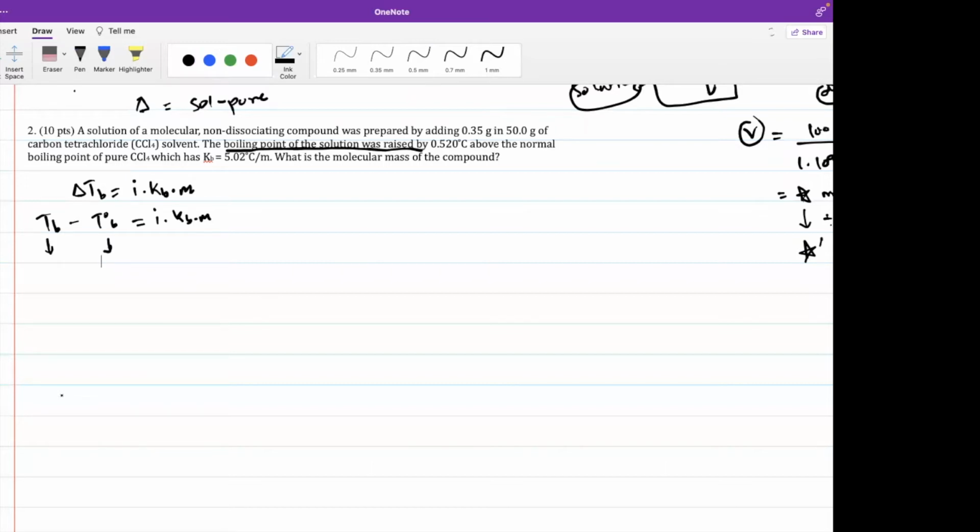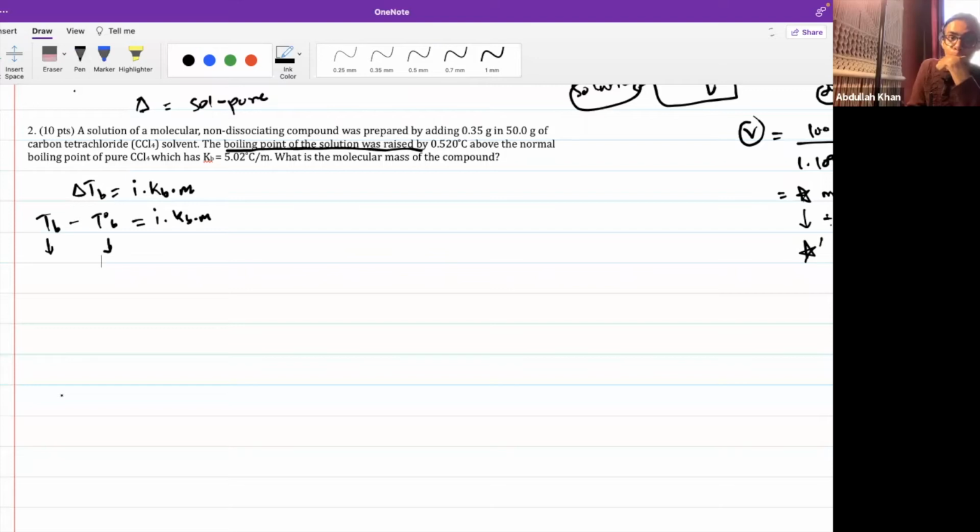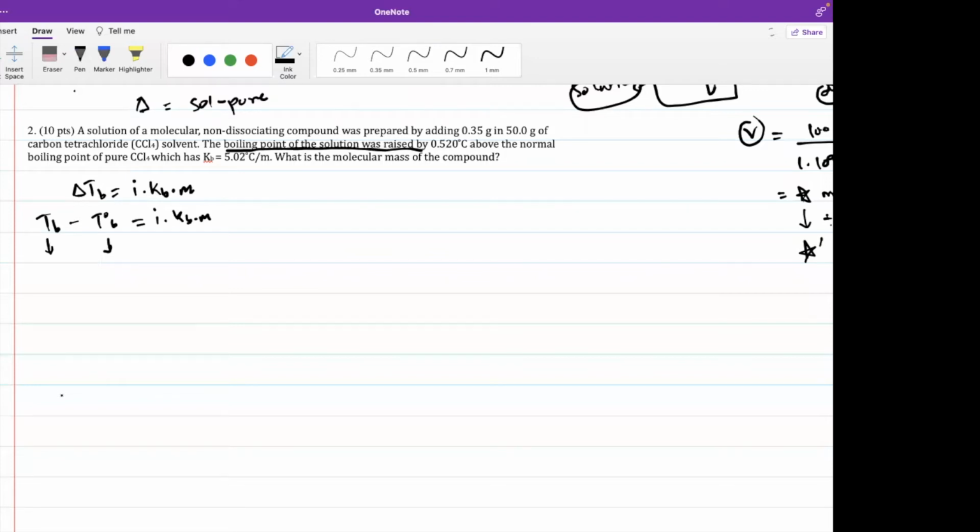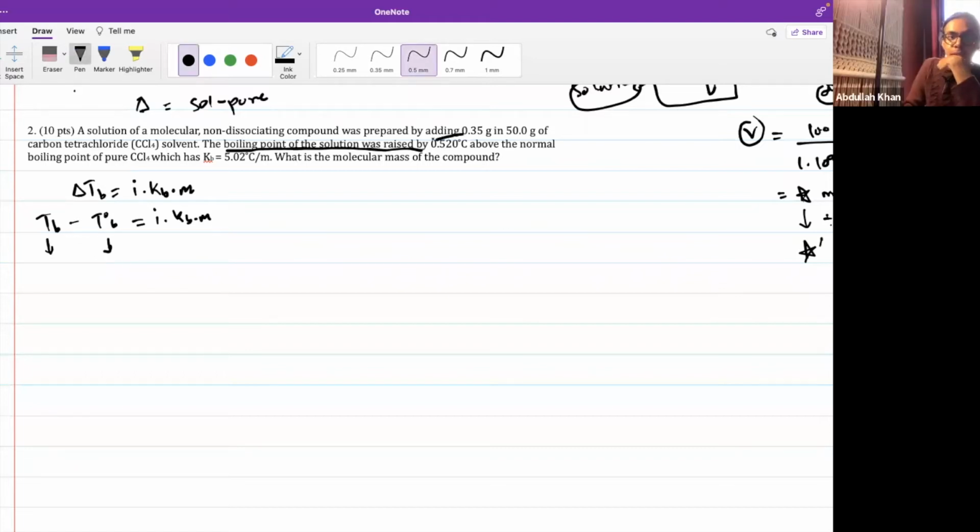Zero, because it's saying it was raised by 0.52 degrees Celsius. So the 0.52 degrees Celsius here is neither this nor this. It's this. It's the change. They've given us the value of the subtraction itself. So you would use the first one, 0.520 degrees Celsius equals I times KB times M.